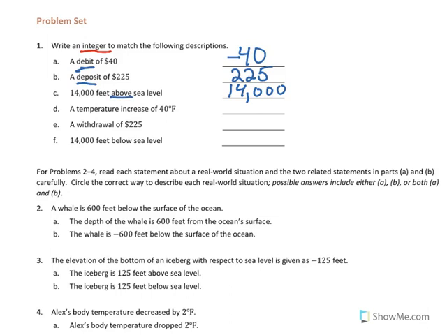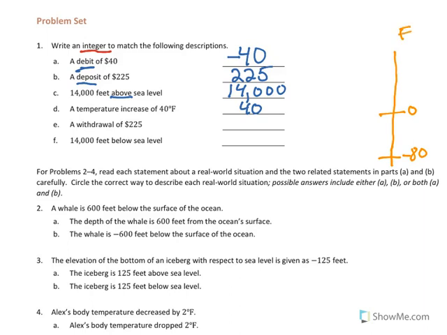Okay. A temperature increase of 40 degrees. A temperature increase of 40 degrees would be a positive 40, even though, and let's use an example here. If I had my thermometer, let's say my 0 was here, and let's say I was at negative 80 degrees below. It was really cold. I'm in Antarctica or maybe some other planet, and it's negative 80 degrees below, and this is Fahrenheit. Okay?